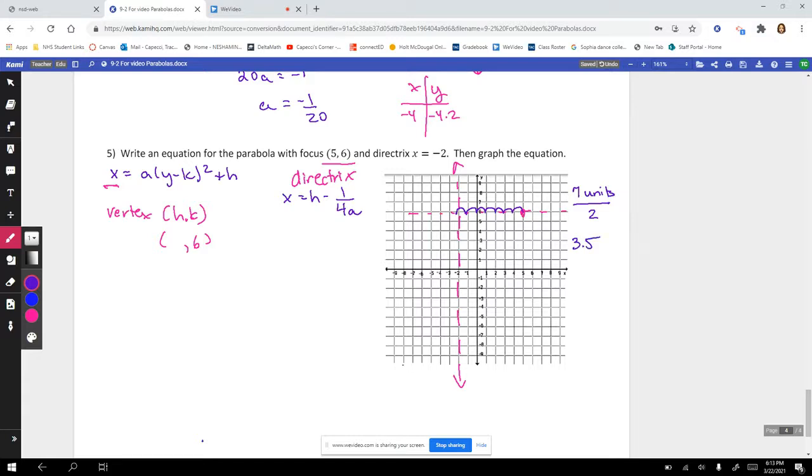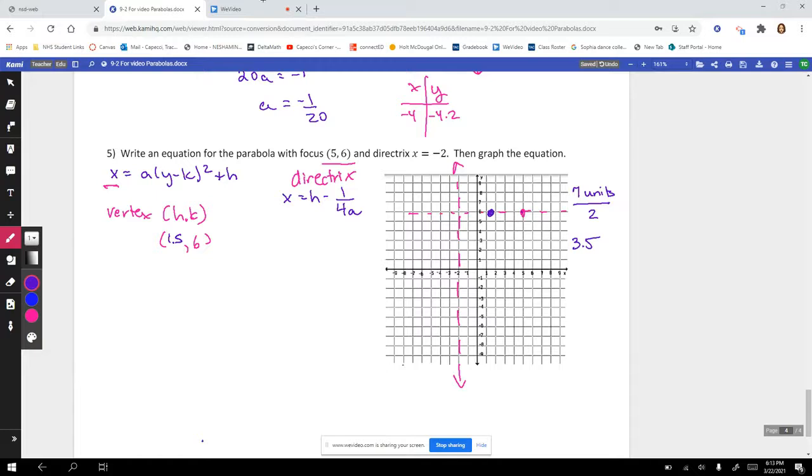So from negative 2, I'm going to go negative 2 plus 3.5, which gives me 1.5. Or if I went from this point at 5 and subtracted 3.5, I would get 1.5. So I'm in good shape there. So I have 1.5 and 6, and that's going to be my vertex.